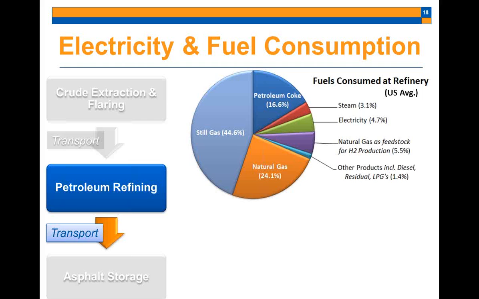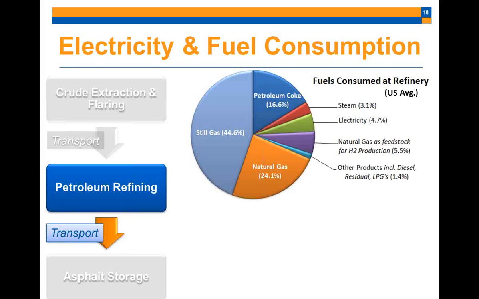So each of these fuels also are combusted differently. For example, diesel can be combusted in a stationary engine, in an industrial boiler, and so on. And this would contribute differently to the emissions that come out from combusting these fuels. So the GREET model that's been developed by Argonne National Laboratory actually has different breakdowns of the types of combustion these fuels undergo at refineries.